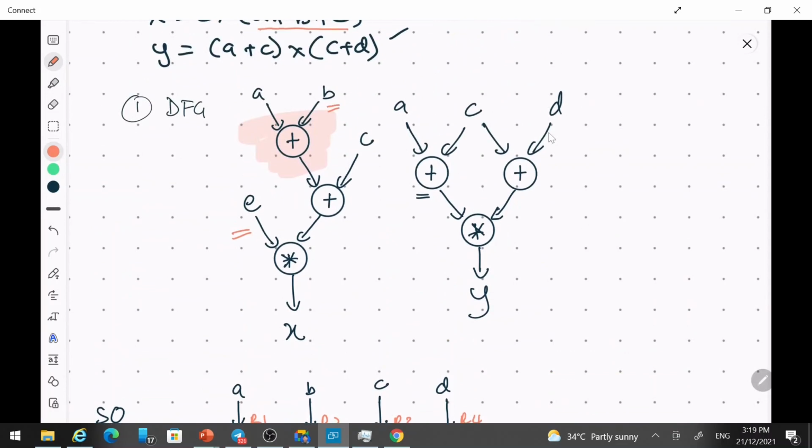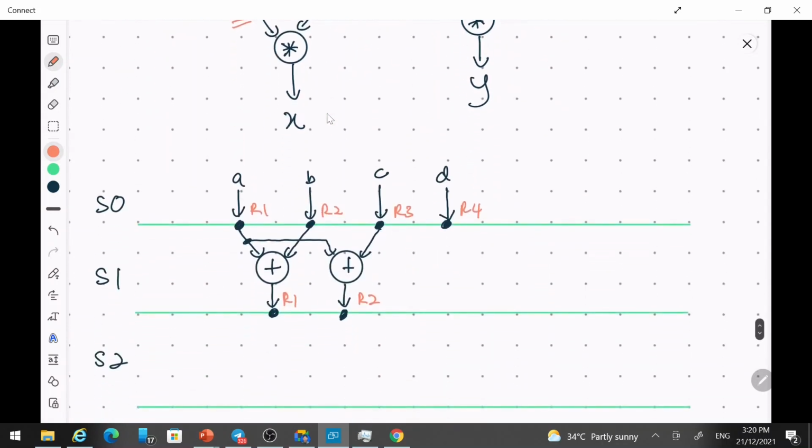And B we only use one time here, so R2 is now available for S1. So we can use it to store the result of this operation. So we can use R2, right?